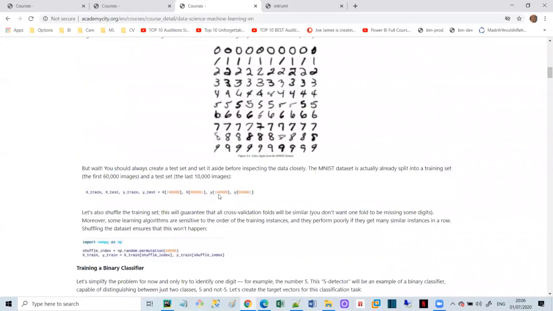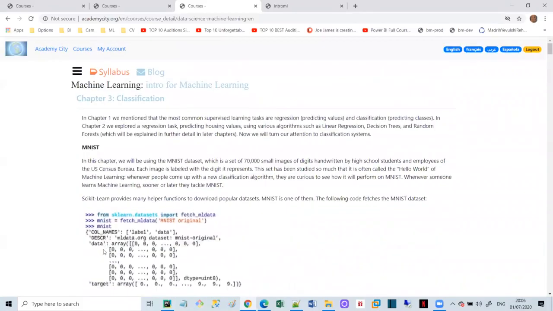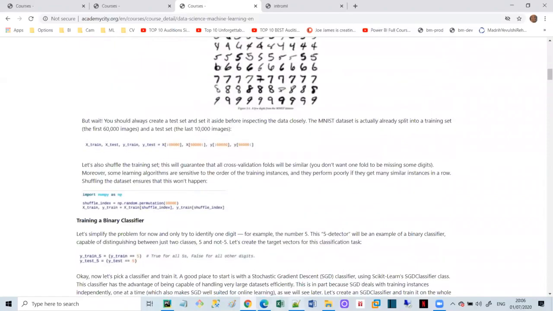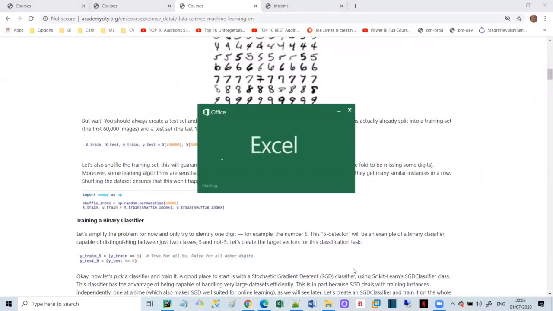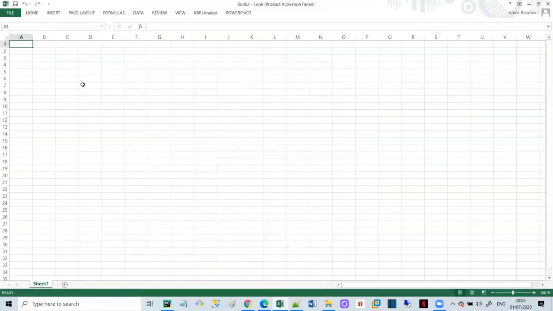Okay, and how do I do it? I say, you know what? I have 60,000 rows, is that right? I split it. And what I'm going to do now, this is really beautiful. Let me even use Excel just for demonstration. Think about it, you have a row that has a lot of numbers.